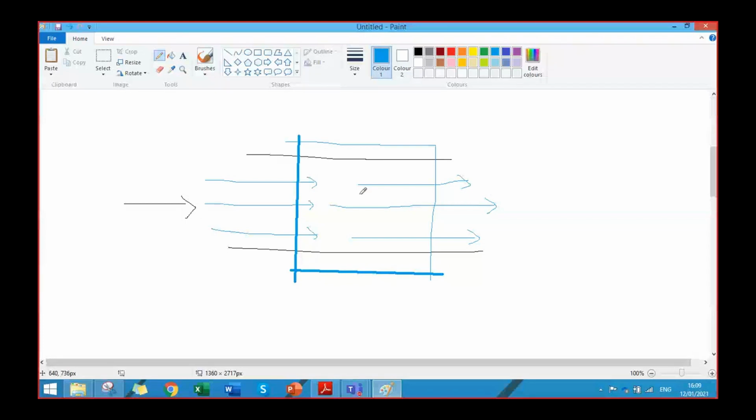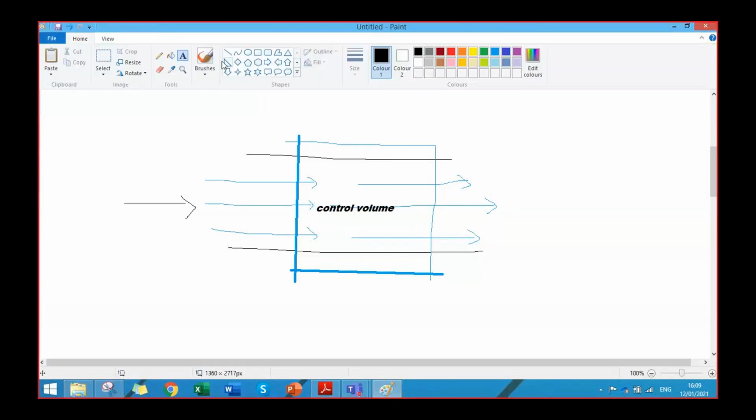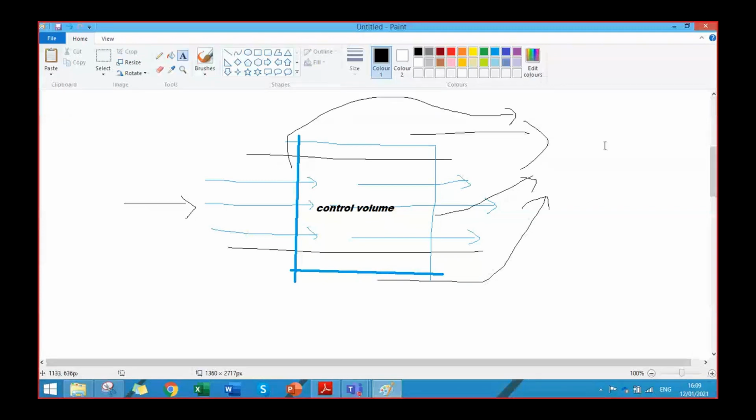So control volume is an imaginary surface, an imaginary volume. This volume is called the control volume. And the surfaces forming this control volume are called control surfaces. All of these surfaces are called control surfaces or control boundaries.